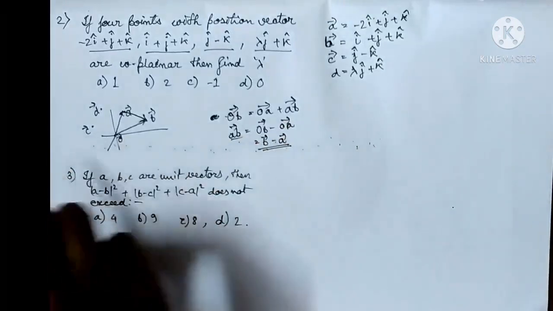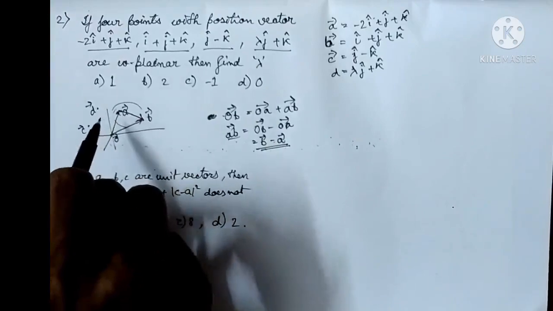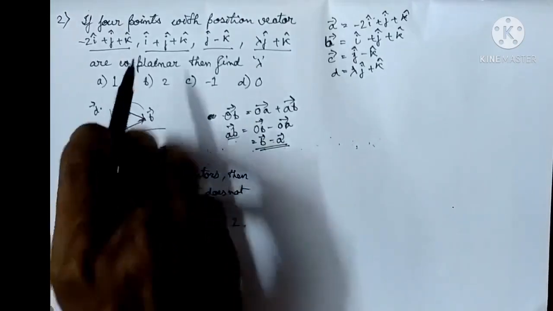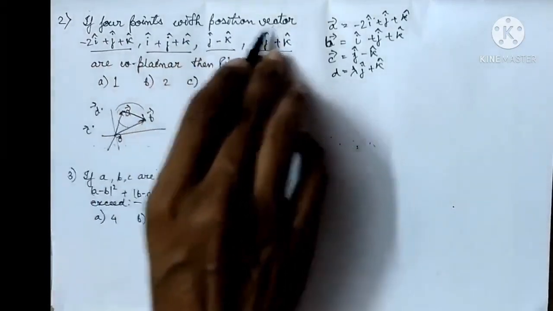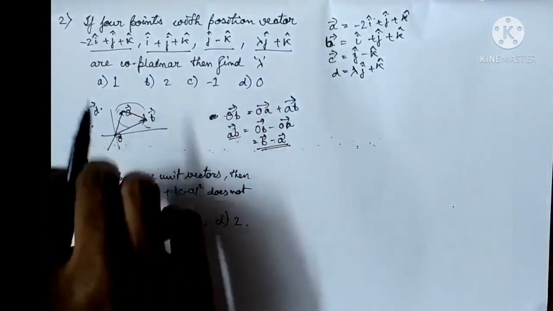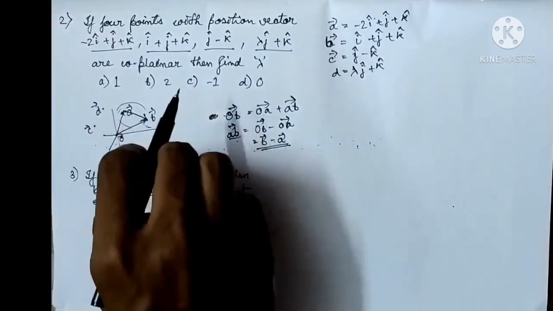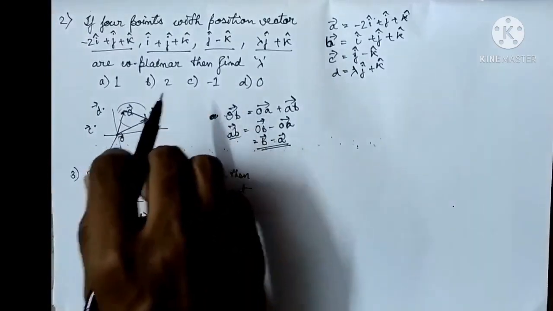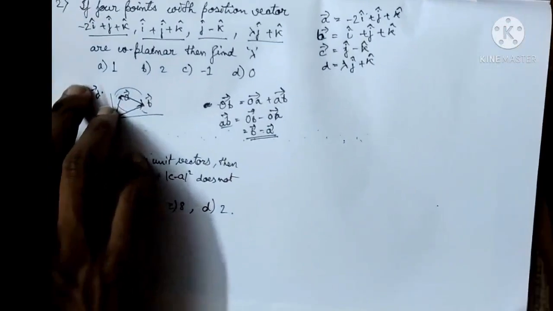So like that we are getting a line here, in which both these points are among the 4 points. If the 4 points with these position vectors are coplanar, then these lines are coplanar as well. Similarly, we will find the other two lines.